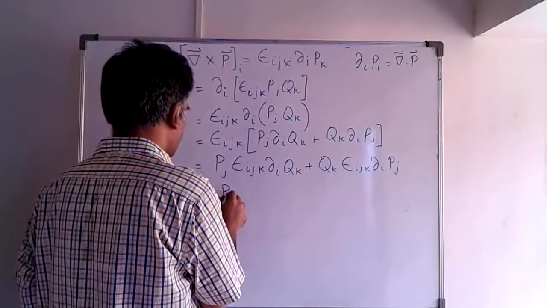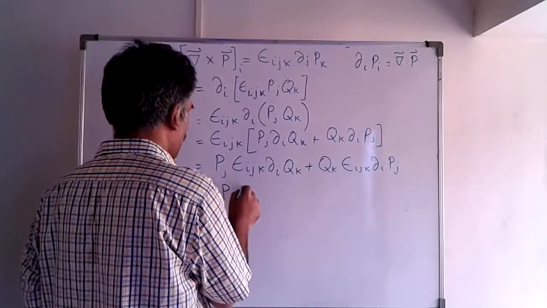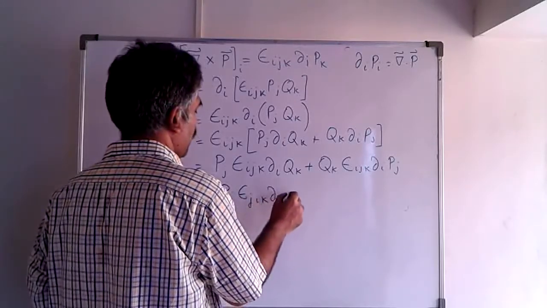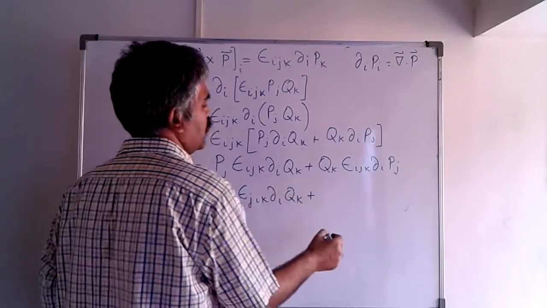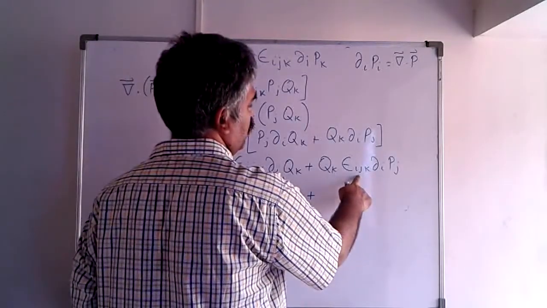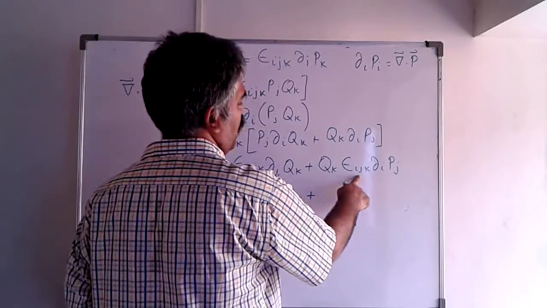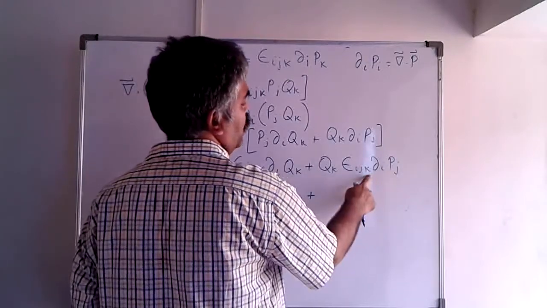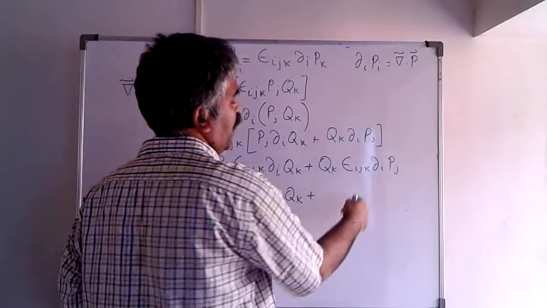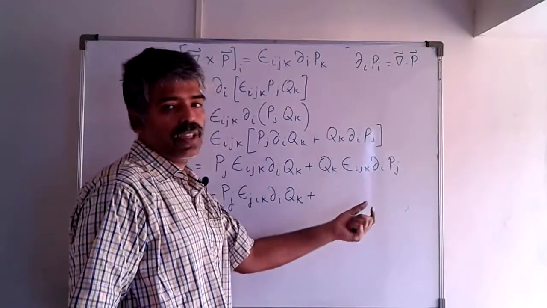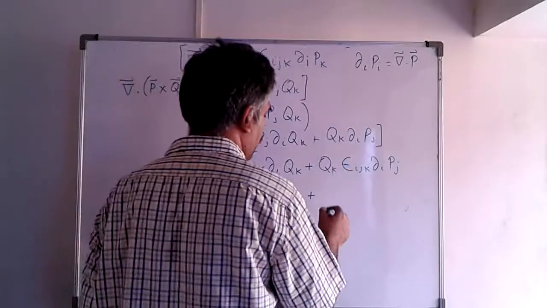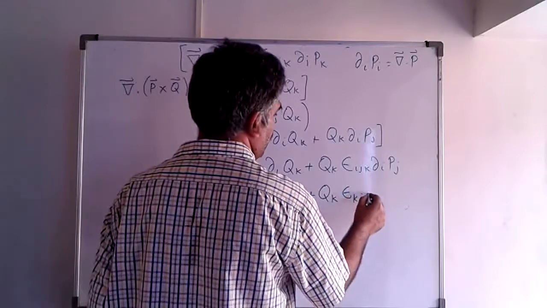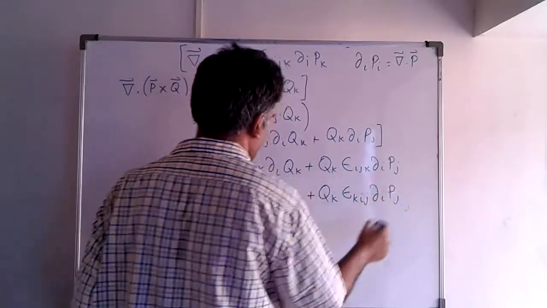So pj epsilon j i k del i qk plus, again you must bring k in front. See, i and j. If you bring k in front, you are operating cyclically, or two permutations, so that shouldn't give any change. So two minus signs will give a plus sign. So qk epsilon k i j del i pj.